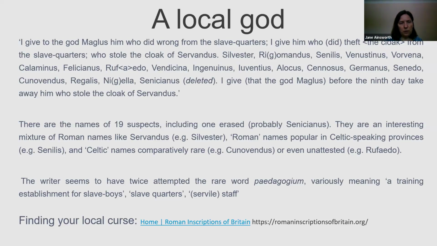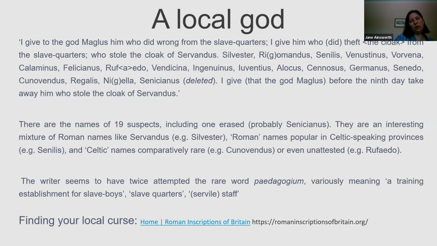We have an enslaved person in Leicester writing in Latin, which suggests that he's had some education. But he's had education in the Latin language, not the language that people might have been speaking around him. He's dedicating this curse tablet, which is a Roman practice, but it's to a British god, Maglus.